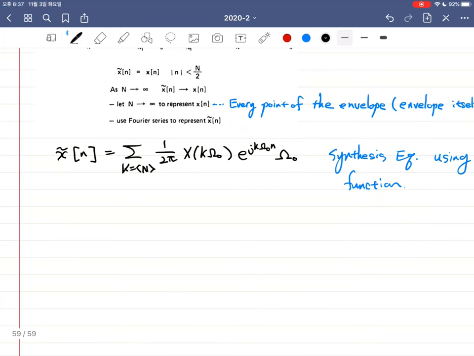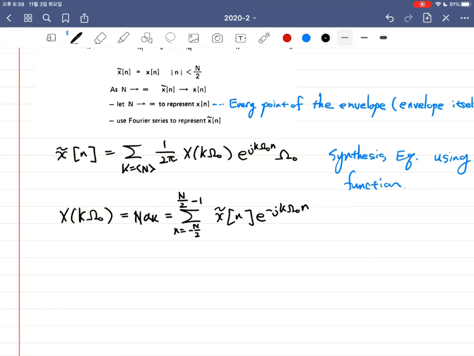And this X of k omega 0 is n times ak, and this is the summation over one period. I start with minus n over 2 and finish with n over 2 minus 1, of x tilde n times e to the minus jk omega 0 n.